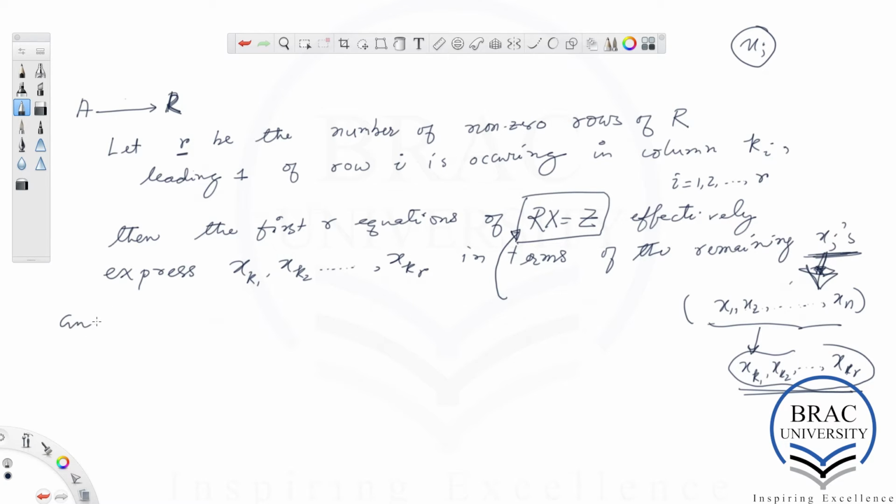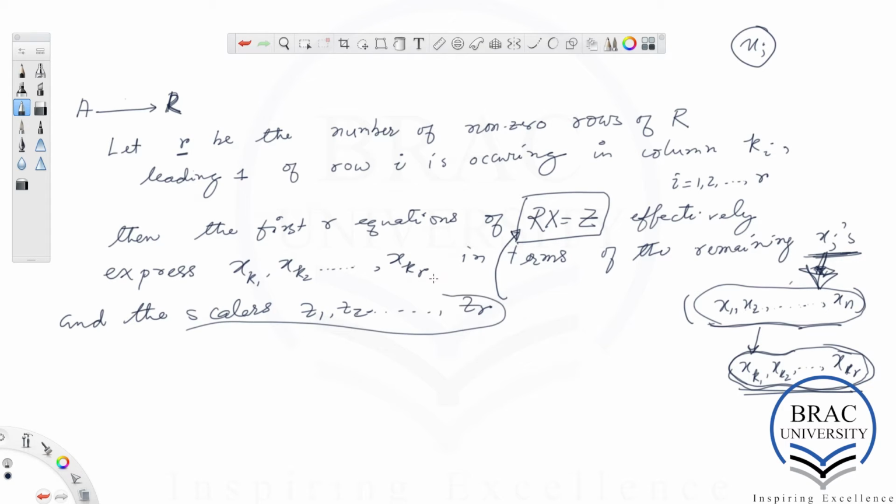The leading variables are expressed in terms of the remaining free variables xj's and the scalars z1, z2, all the way up to zr, because this is an inhomogeneous system.